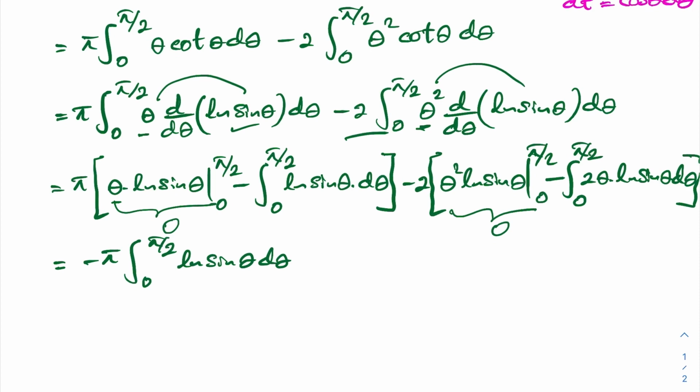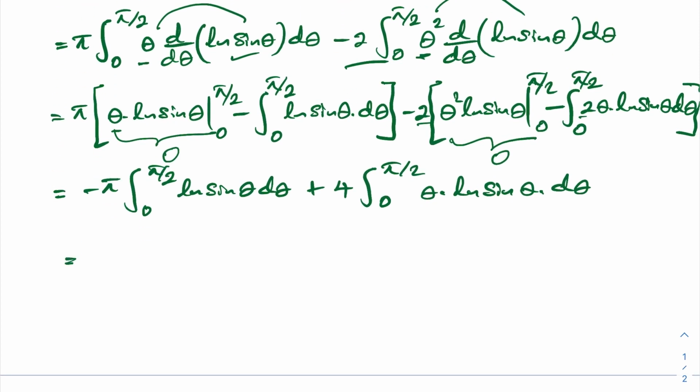Here minus times minus 2 times 2 is 4, so plus 4 times integral from 0 to pi over 2 of theta times natural log of sine of theta d theta.